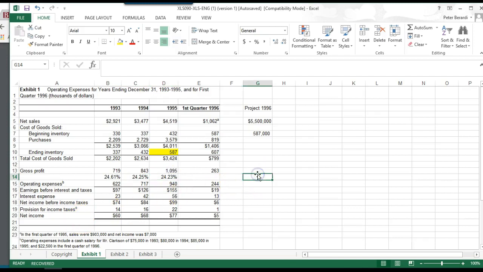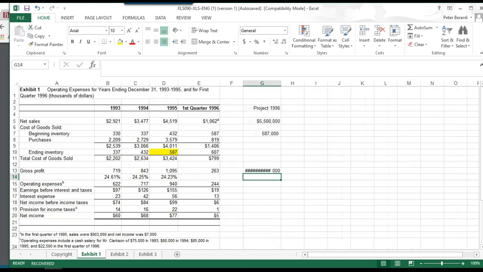Again, I'm looking for your approach. Just explain what you used and your methodology. Here, I'm going to use an average. I'm going to say 24.36. So, gross profit equals net sales times 0.2436.